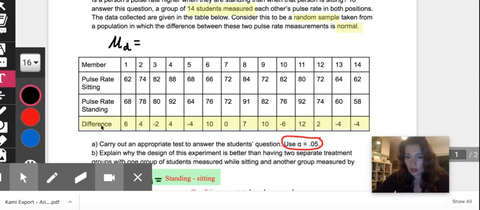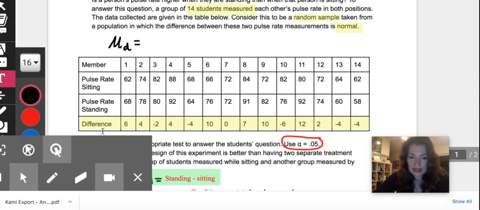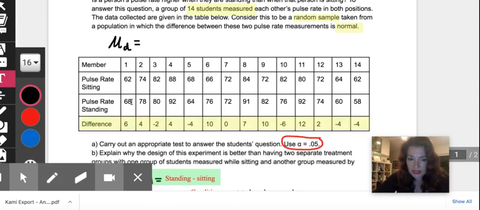And if you look at what I highlighted before, the difference row, that was taken by doing the difference of 68 minus 62, that's 6, and 78 minus 74 is 4, and 80 minus 82 is -2, and so on.